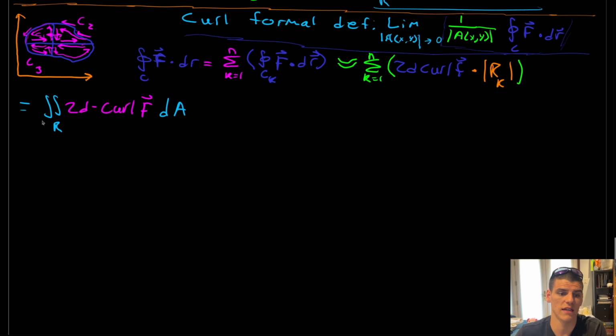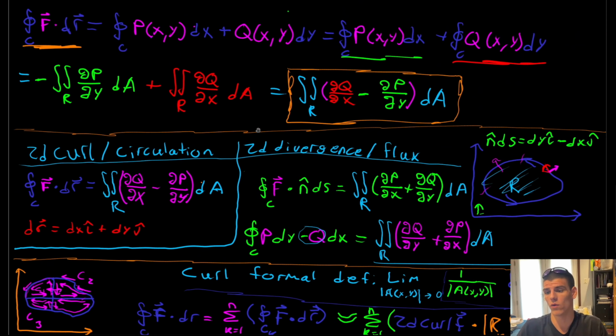The integral actually takes every infinitely small section and adds them up for us, so we can remove this little approximation thing and say that this is totally equivalent. And that actually proves what the 2D curl formula is, because probably when you learned 2D curl and divergence in your calculus class, they just told you the formula and intuitively told you why it works that way.